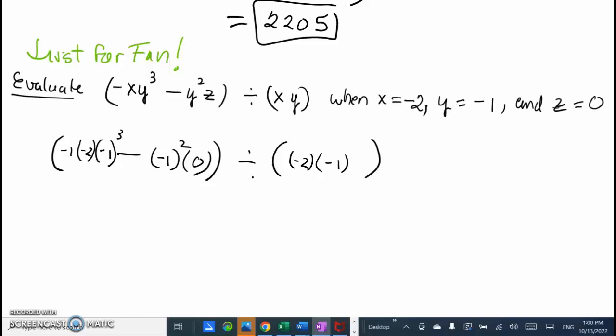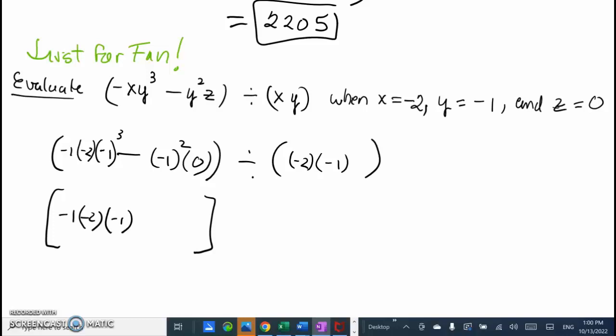So now the question is, what do we do first? If you need to, you may want to put brackets to make it very clear what's inside versus what's the outer parentheses or bracket. All right, so what do we do first? Well, certainly we have the negative 1, we're not using the negative 2, but we are going to do the power, and that is negative 1 cubed, which is negative 1.